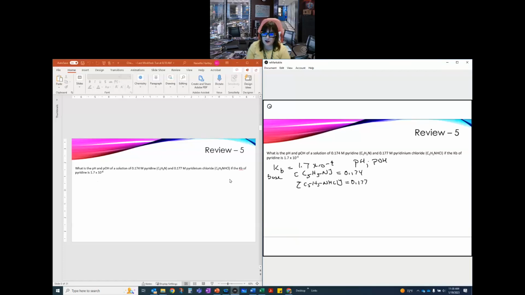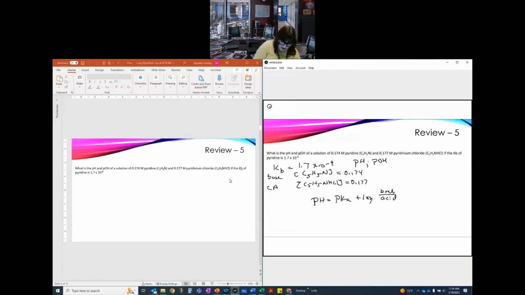So when I look at this, what I see is that this is a base. This is its conjugate acid. That means that I can use pH is equal to pKa plus the log of the base over the acid. Now, I don't have a Ka at this point, but I can get one.